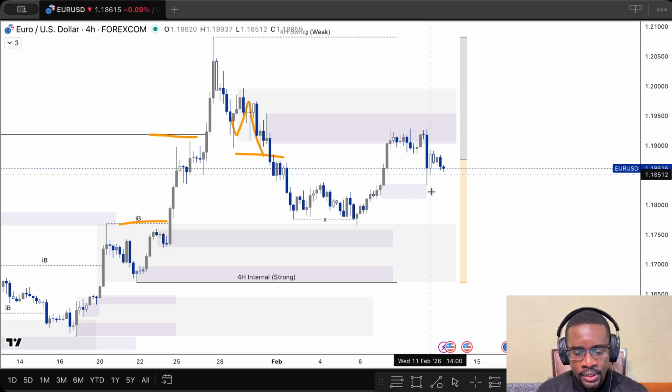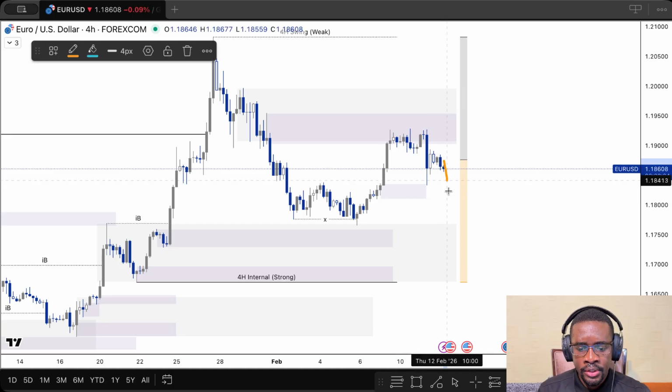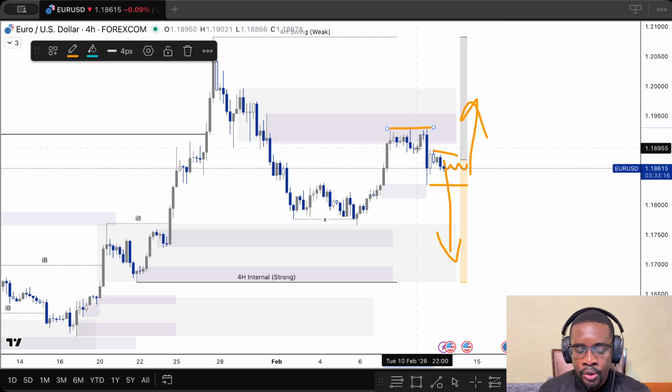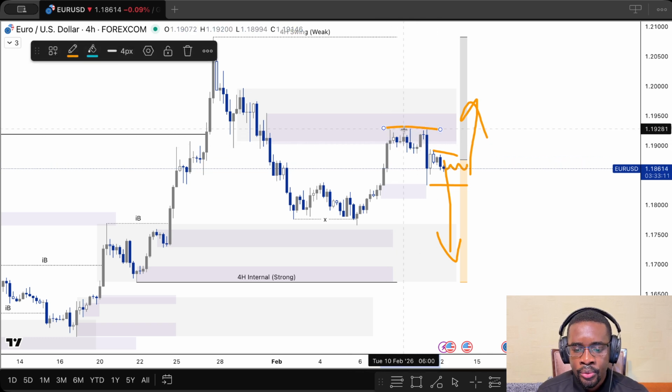From this point it's not quite as clear whether price is looking to continue, or this could just be a range that price will be stuck in until CPI, and then push upwards. What we have is resting liquidity up there, almost a triple top.